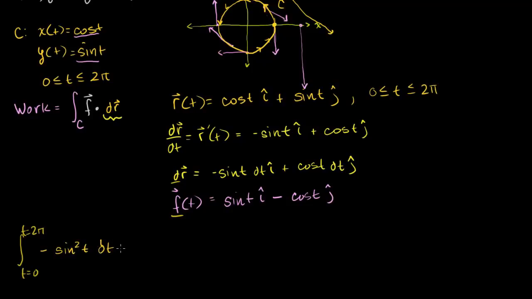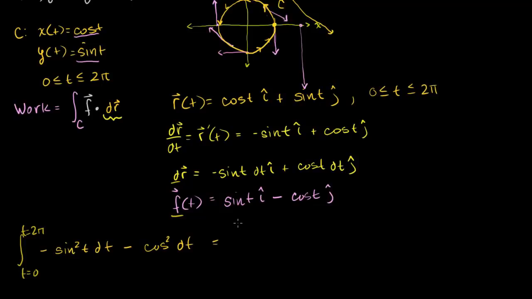And then you're going to add that to the product of these two guys multiplied by each other. So that's, well, there's a minus sign here, so plus minus cosine squared t dt. And if we factor out a minus sign and a dt, what is this going to be equal to?